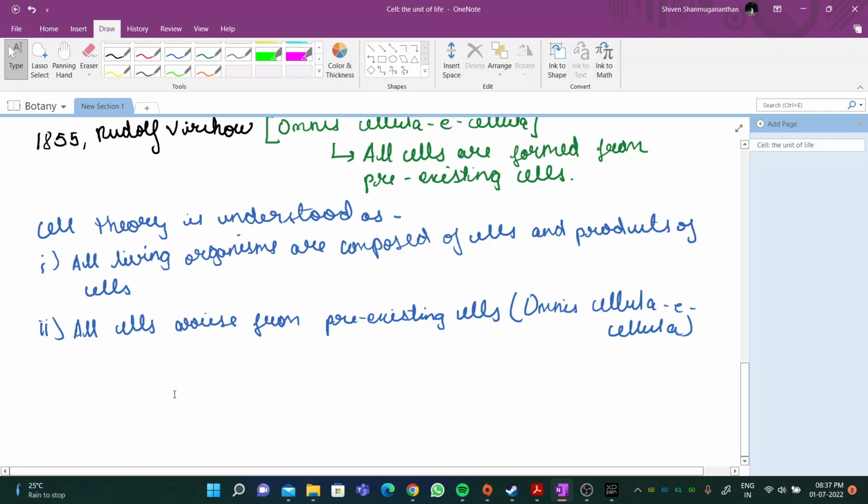Fine. Last statement is activities of an organism are the outcomes of the sum total of activities and interactions of its constituent cells.